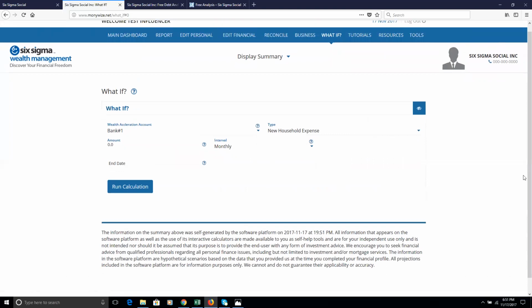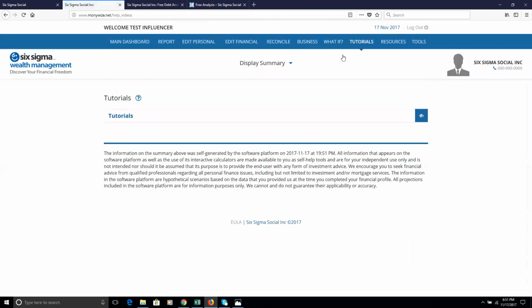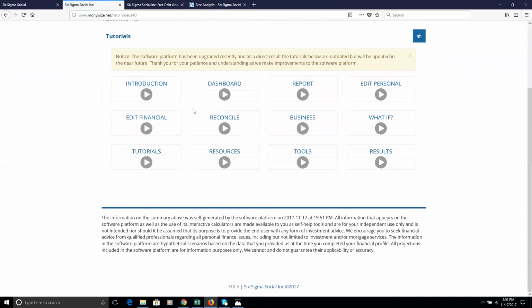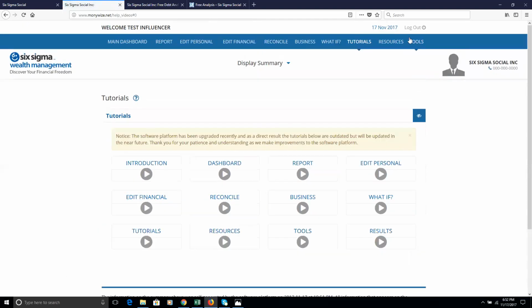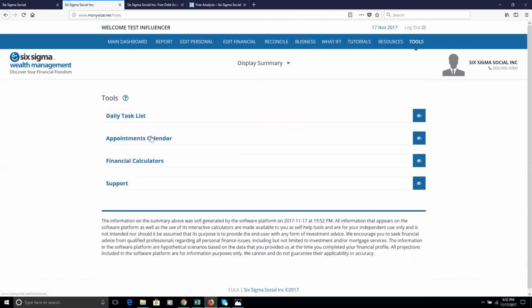Or the boat, or the holiday, or the wedding for the kids that is coming up. We also have a slew of tutorials on how to do various things. And there are tools in there as well, the appointment calendar, the daily task list, and whatever else.